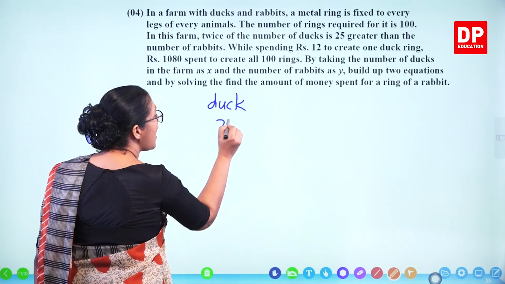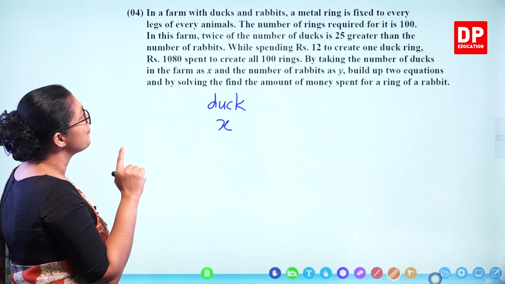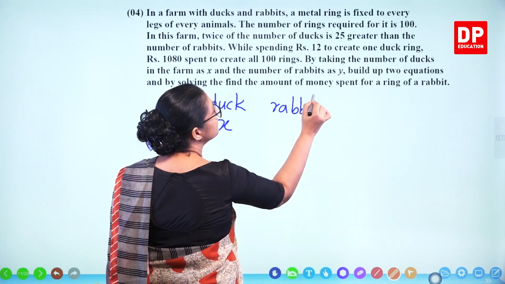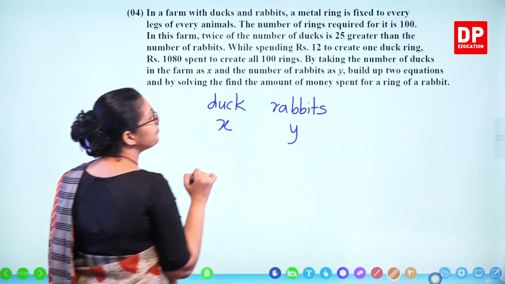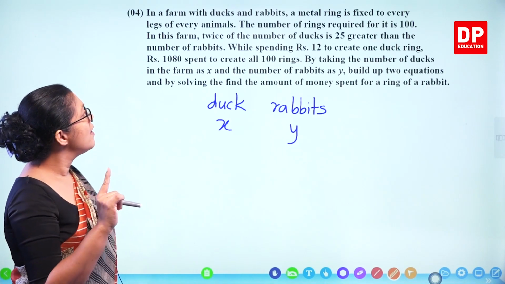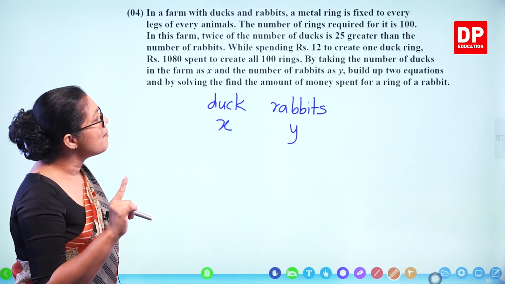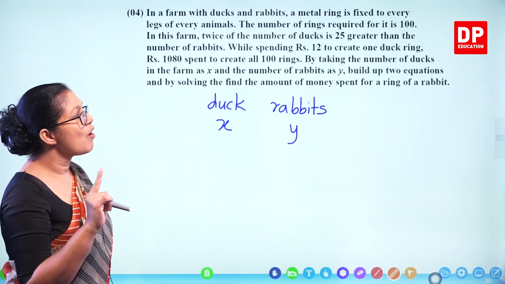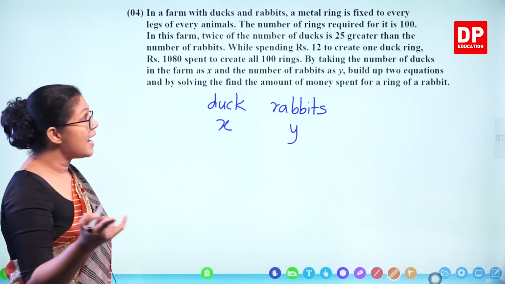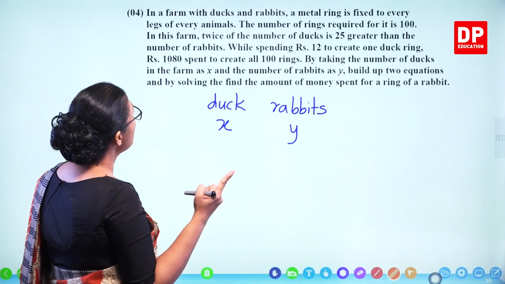You are taking x as the number of ducks and the number of rabbits is y. Build up two equations and by solving the two equations, find the amount of money spent for a ring of a rabbit. So now we have to read it again to construct the two equations.